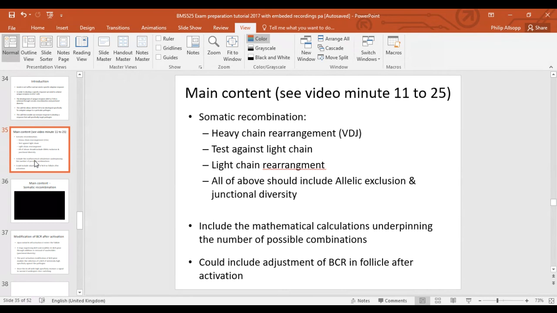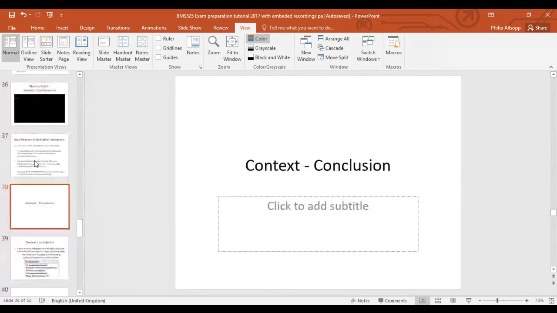Then give an overview of the mathematical probability details to explain the number of possible combinations, and then talk about that after B cell activation, or when the B cell encounters antigen, it moves to the follicle, where it undergoes another process of B cell receptor gene adjustment.